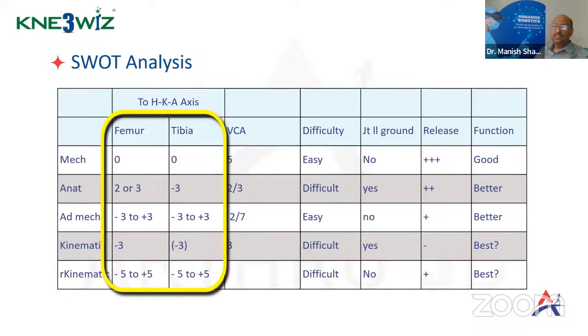So as we can look at this, amongst all mechanical, anatomic, adjusted mechanical, kinematic, restricted kinematic, we are aiming for that small corridor between 0 to 5 on either side.